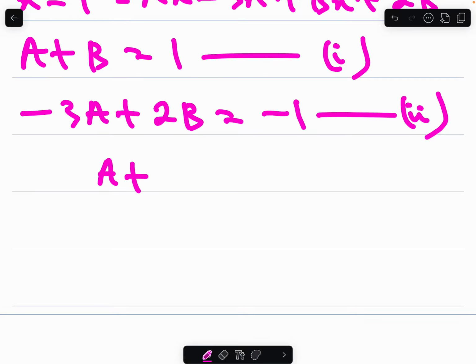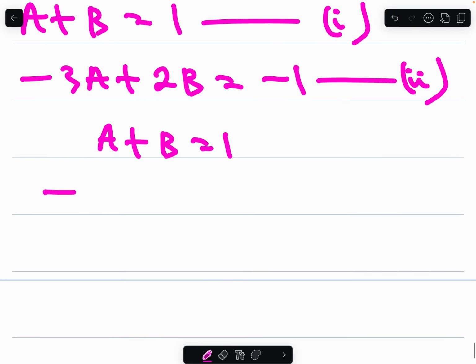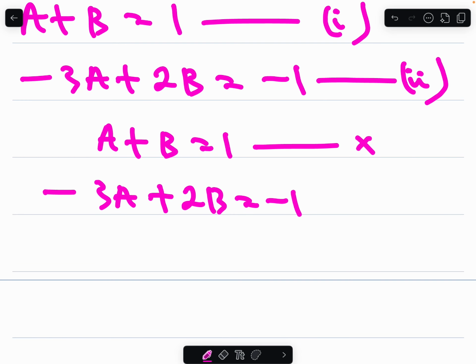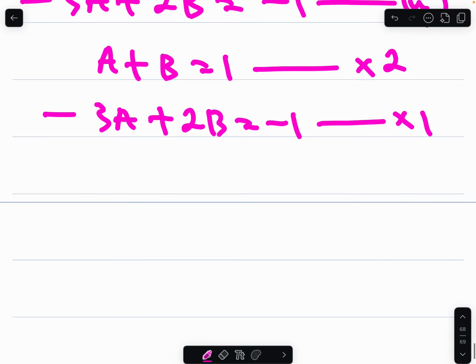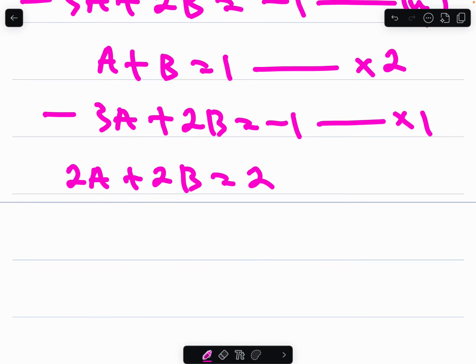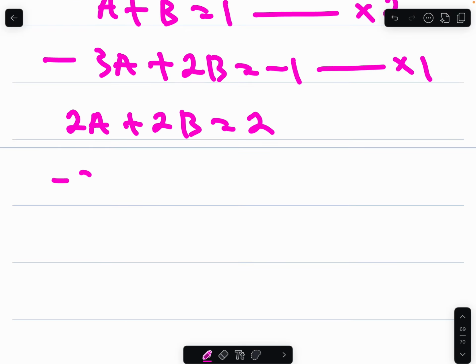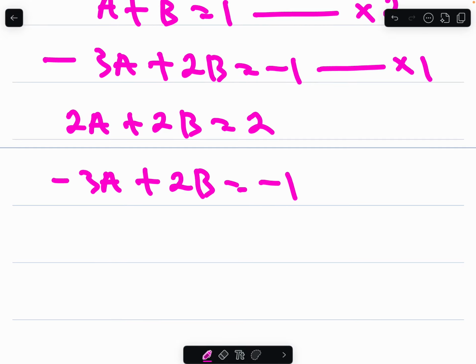So let's solve that simultaneously. a plus b equals 1 and minus 3a plus 2b equals minus 1. Now, let me multiply equation 1 by 2 and equation 2 by 1 to eliminate b. So that means 2a plus 2b equals 2, and this remains minus 3a plus 2b equals minus 1.